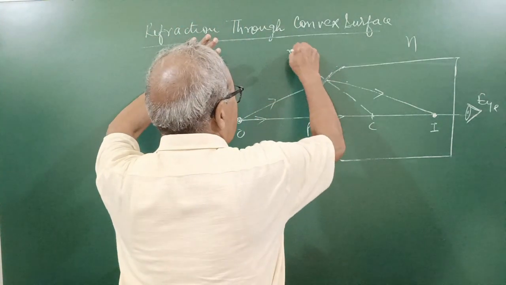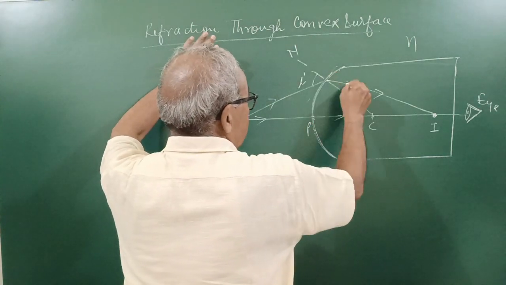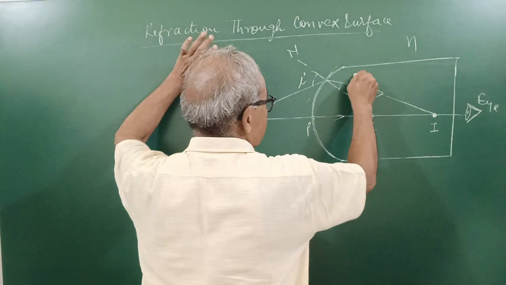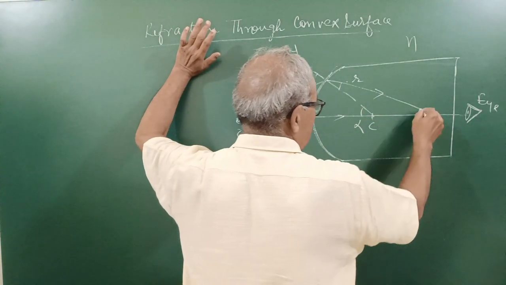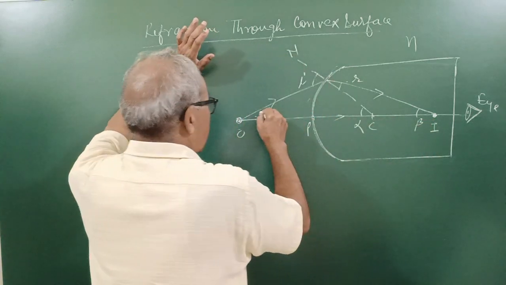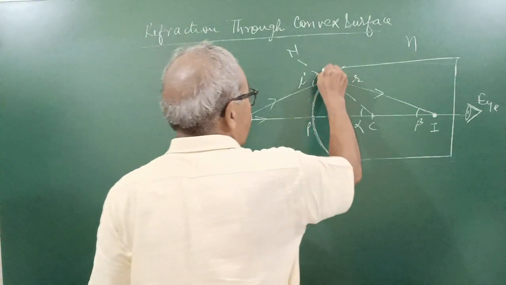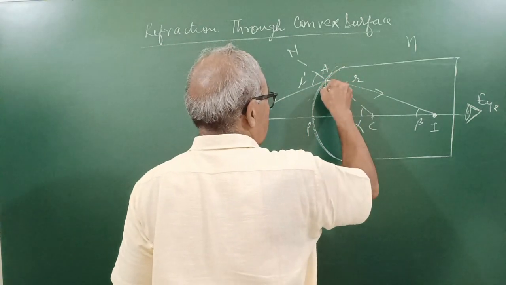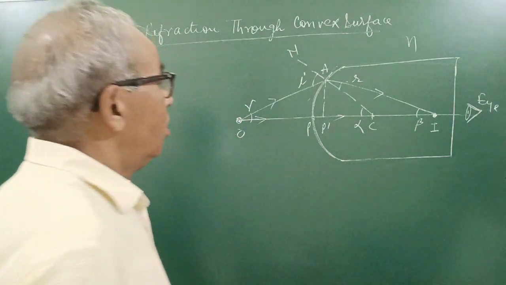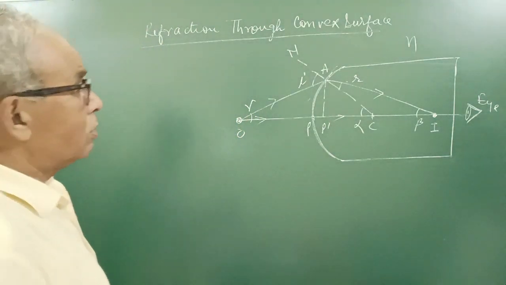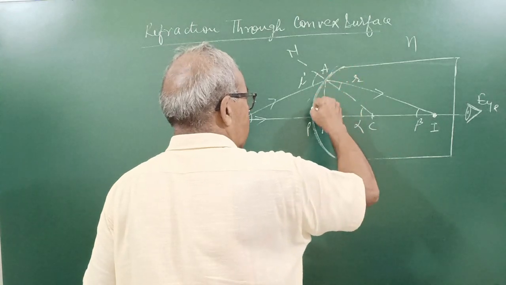So this is the normal here, and this is angle i, this is angle r. Now I take the same convention: alpha, then beta, and this gamma. Point A will be close to P, so P dash and P are supposed to coincide because the surfaces are not large.